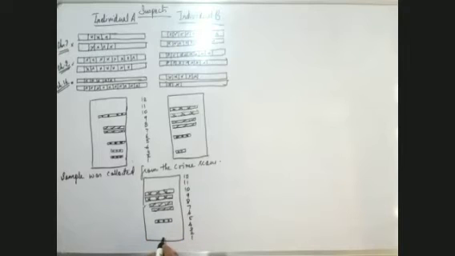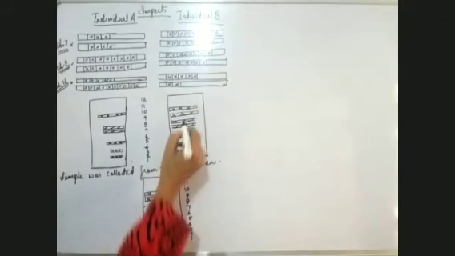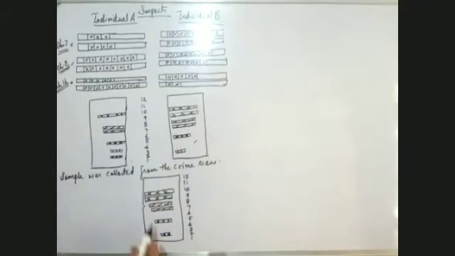And the sixth band was obtained here. If you see this pattern which we got from the sample collected from the crime scene, it matched individual B. Am I right? This is matching with individual B.